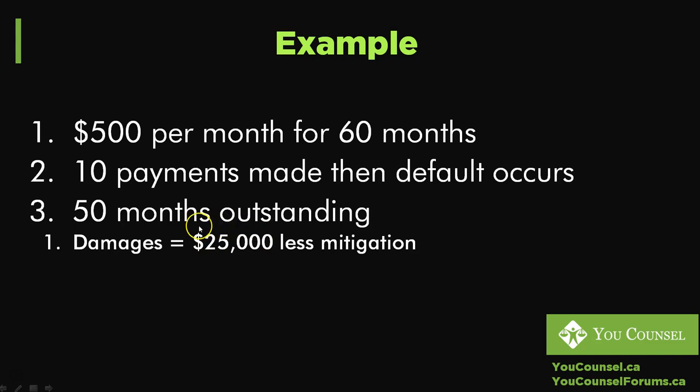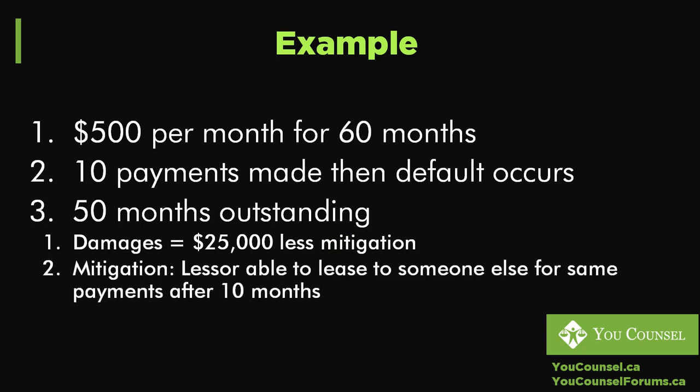If you had paid all of the money for 60 months, the lessor would have received $25,000 plus $5,000 that you have already paid. That's $30,000. But now that the default has occurred, damages are $25,000 less mitigation. So mitigation is that this lessor will now take back your vehicle and then try to find another lessee and rent that vehicle to that person.